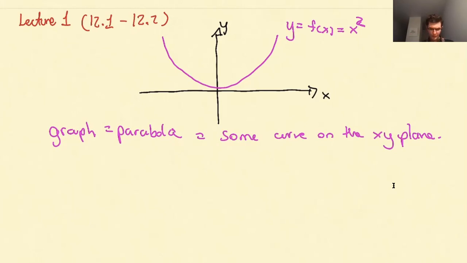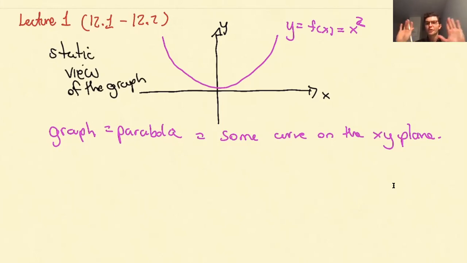So here you think of the graph in some sort of static view, because the graph is sort of out there, has been drawn for you, and then you're just appreciating it, contemplating it in all its majesty.